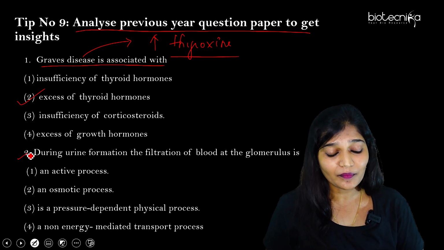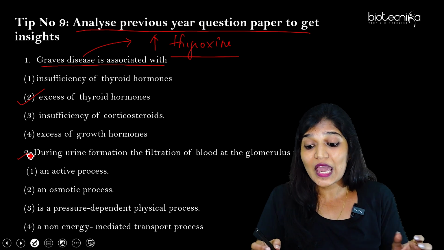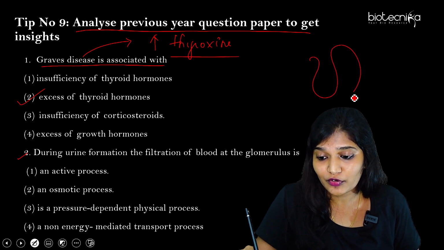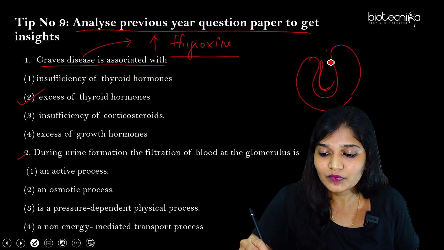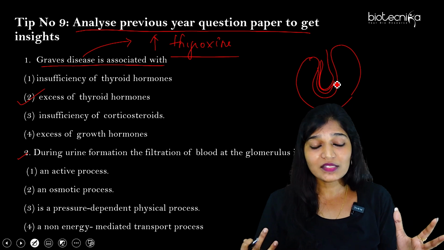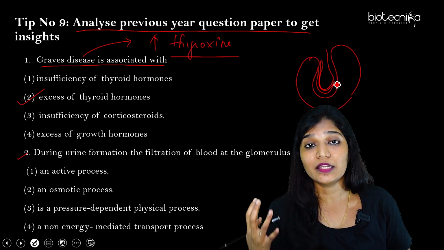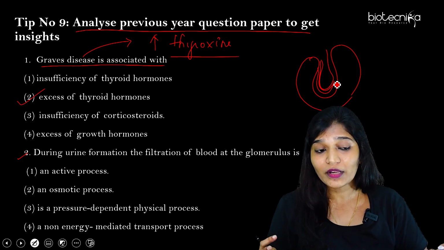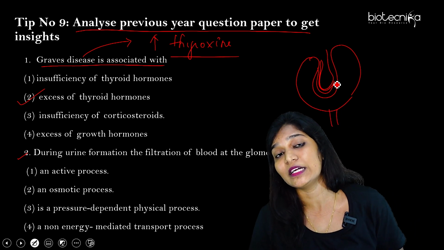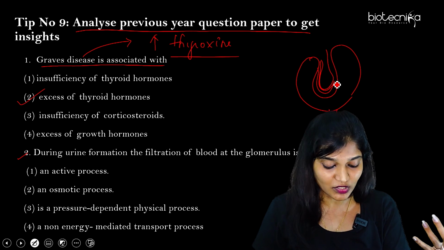The second question, during urine formation in the excretory system: how is the filtration at the glomerulus? If you're drawing a Bowman's capsule along with the glomerulus, how is the urine actually formed over here? Is it an active process where ATP is involved, or is it mainly because of osmotic pressure, or is it a pressure dependent physical process, or is it a non-energy mediated transport process?